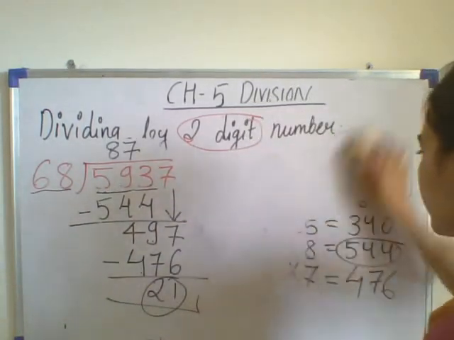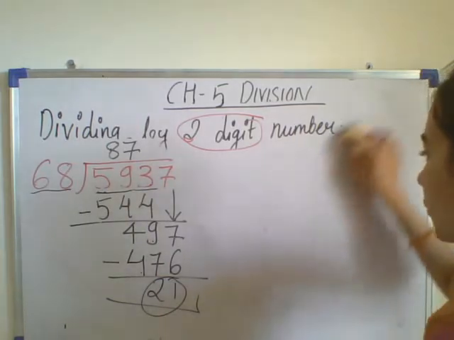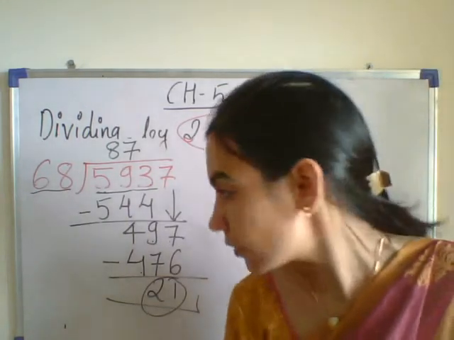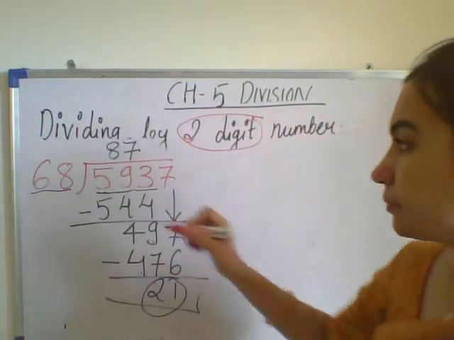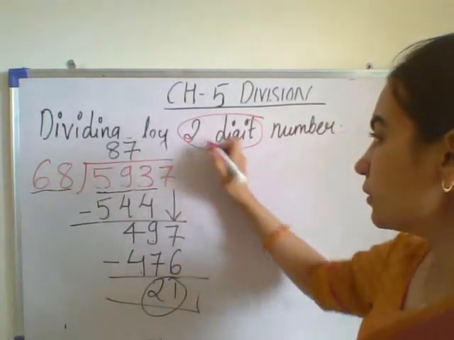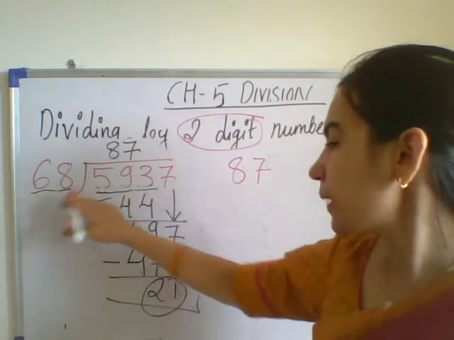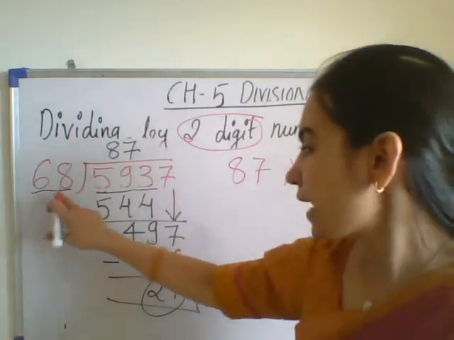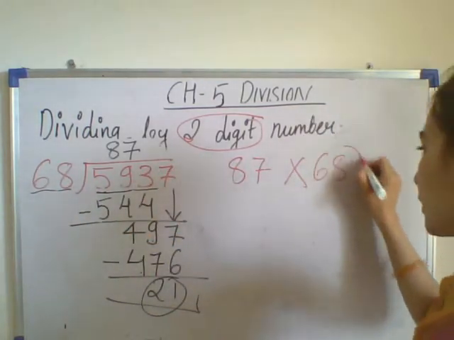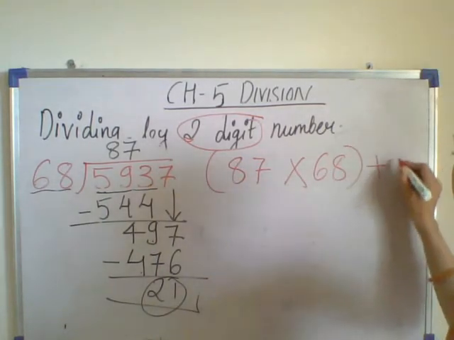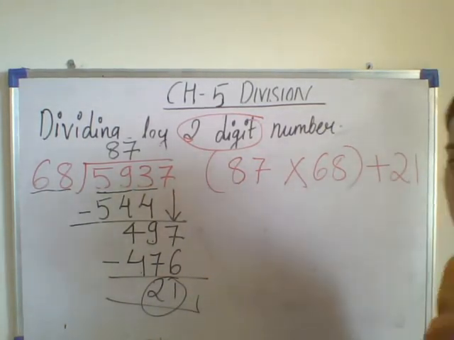Let us check our division. I have told you the method of how to check the division. This is the quotient 87, multiplied by our divisor 68, plus 21.